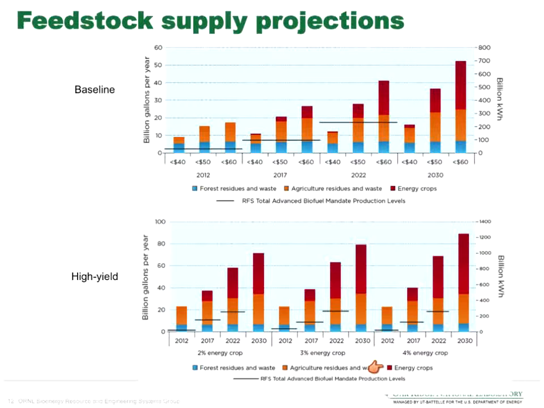And the high yield for corn would be up to 265 bushels per acre average in 2030. The baseline would be 210 bushels per acre national average in 2030.